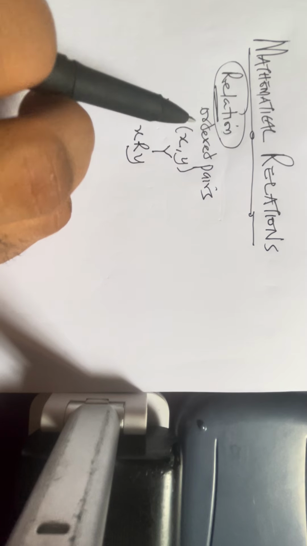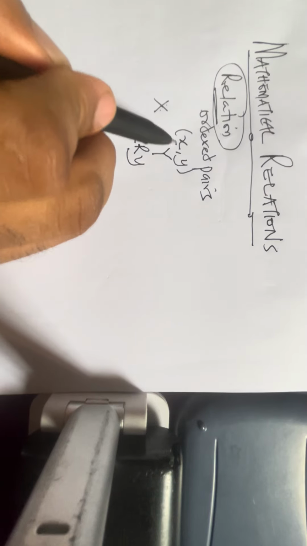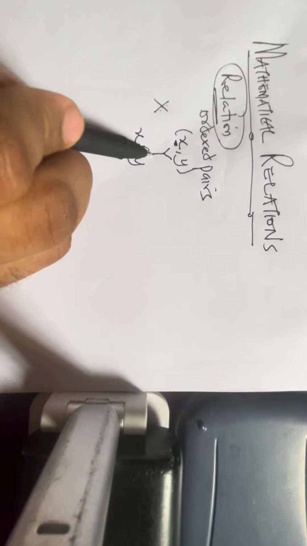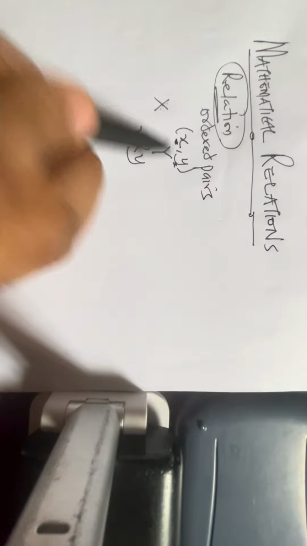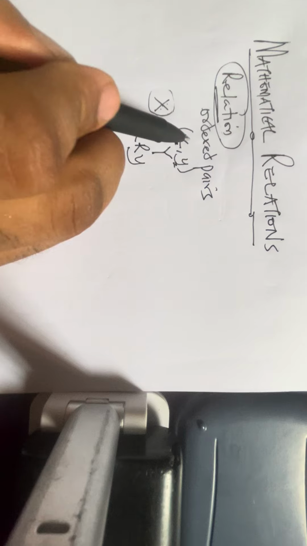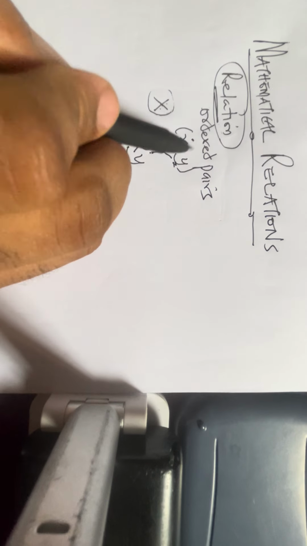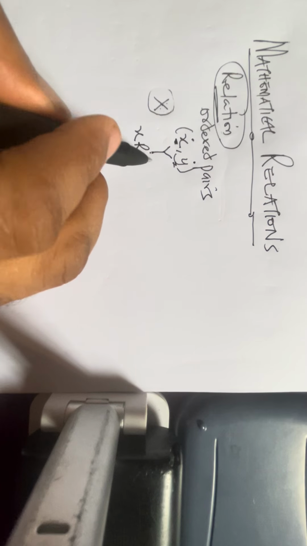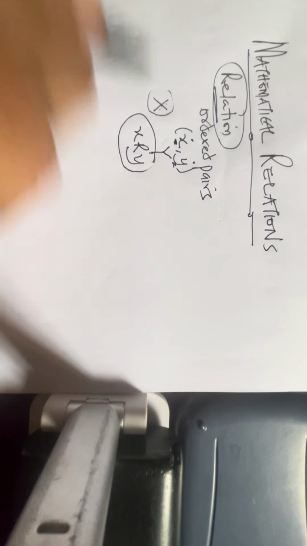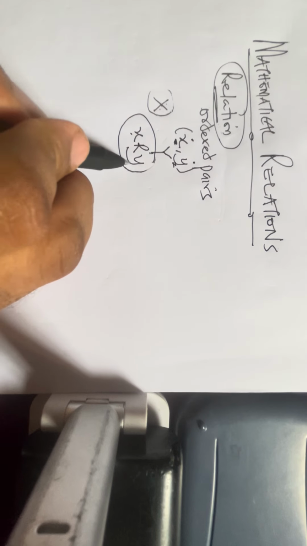A relation on the pair x and y is denoted as x relation y. The elements in set X are denoted as small letter x, while the elements in set Y are denoted as small letter y. When you relate an element x with an element y, we say x relation y, which means that x is related to y.